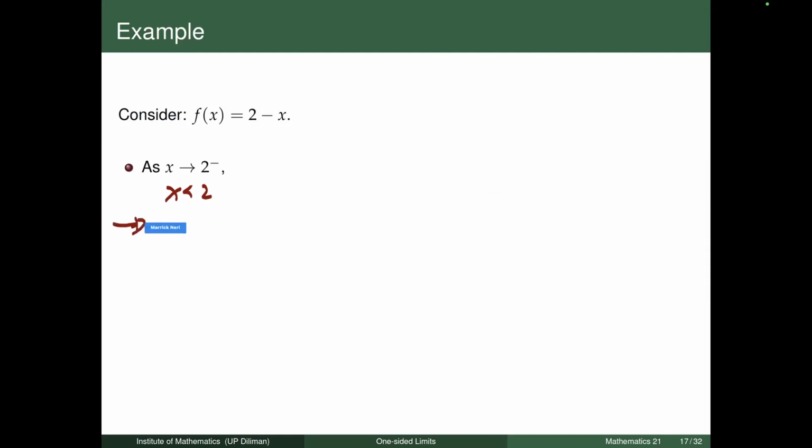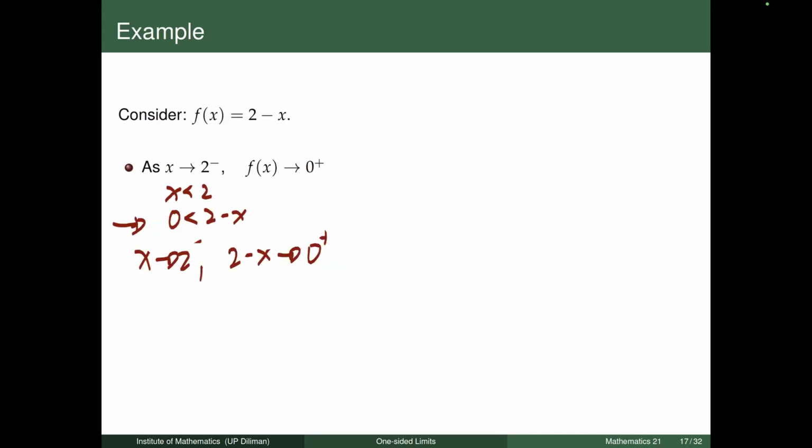So, I get 0 is greater than 2 minus x. So, that means as x approaches 2 from the left, yung 2 minus x natin will approach 0 from the right kasi greater than 0 siya. Okay? So your f will approach 0 through positive values.